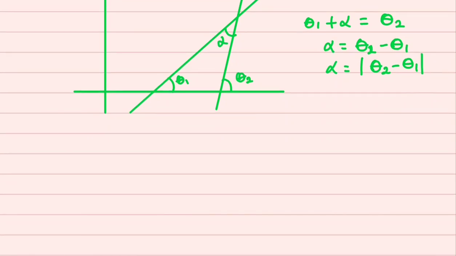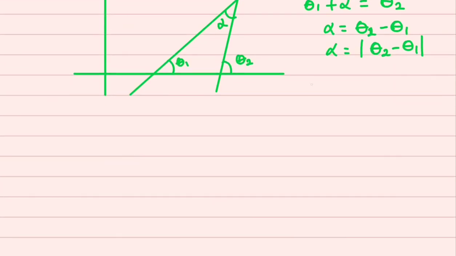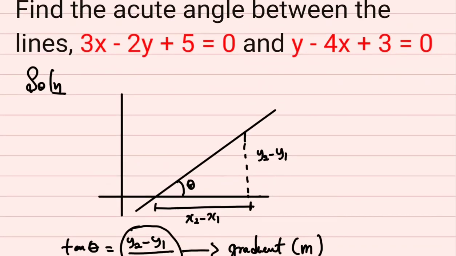All right? And from this conclusion, we can say that theta 2 is tan inverse of the gradient of the second line, then theta 1 is equal to the tan inverse of the gradient of the first line. So that is exactly what we are going to use to solve our question. So let's move ahead to solve the question.